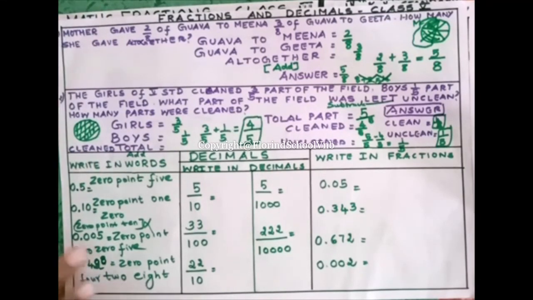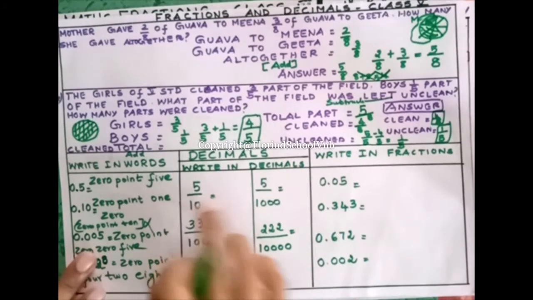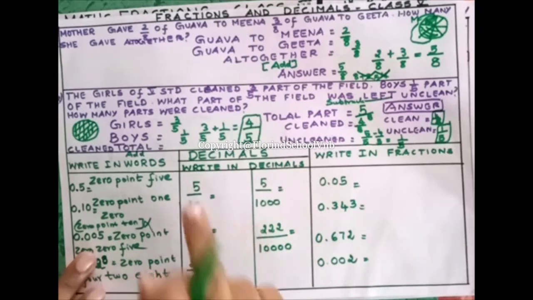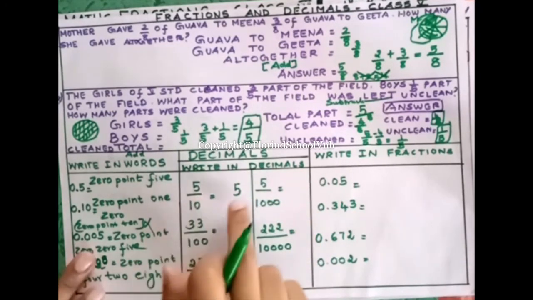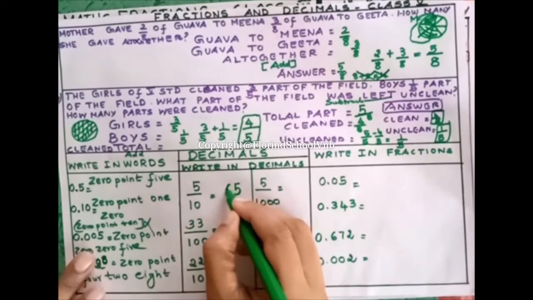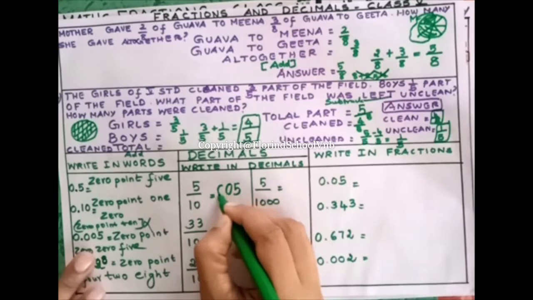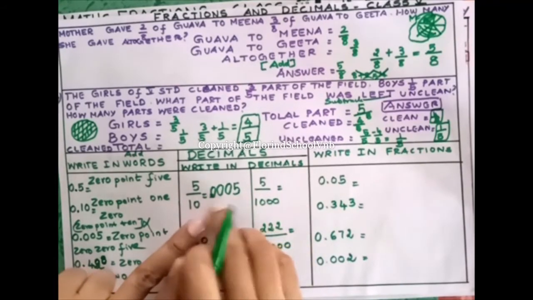0.428. Okay. Now how to change a fraction into a decimal? Now write 5 here. You have the numerator 5 here. Okay. Now write zeros before 5.